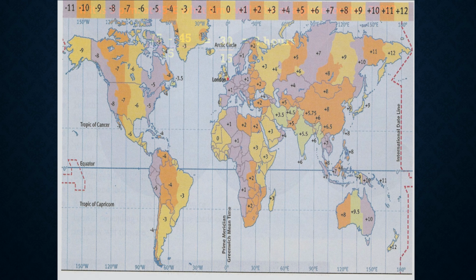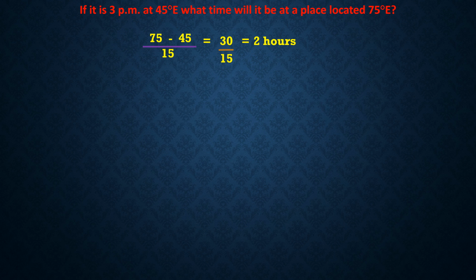Therefore, we say the time that we already have is 3 p.m. So we're now going to add the 2 hours that we've already calculated, which is the time difference between the place located at 45 degrees east and 75 degrees east. So we're now going to add our 2 hours to the 3. This means 3 plus 2 equals 5. So it means therefore that the time at a place located at 75 degrees east is approximately 5 p.m.